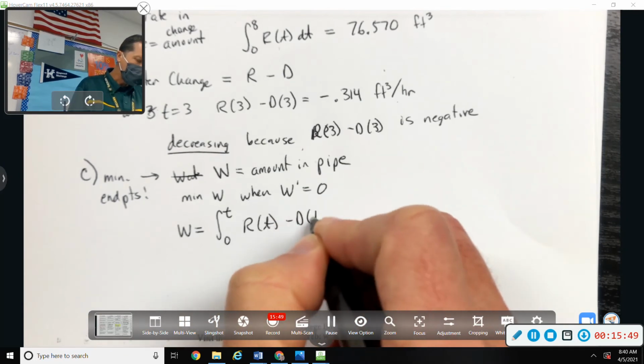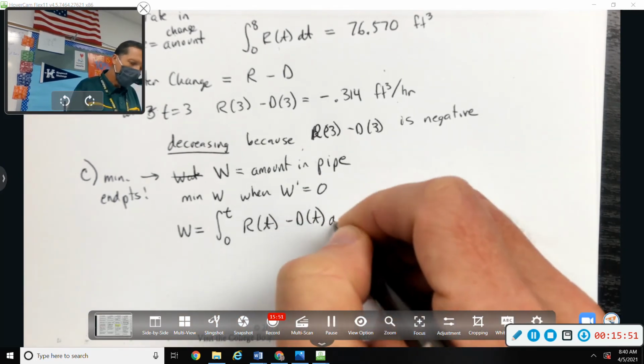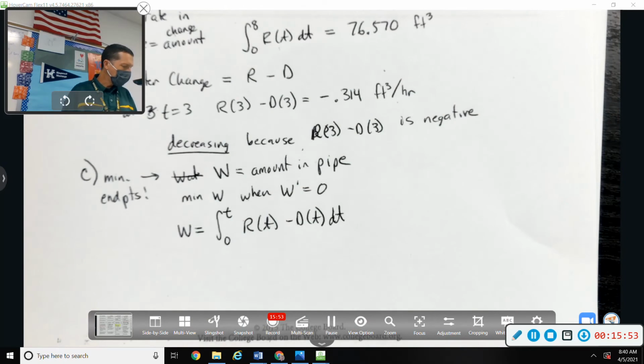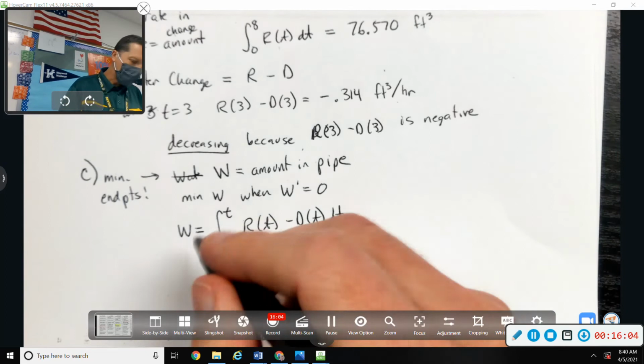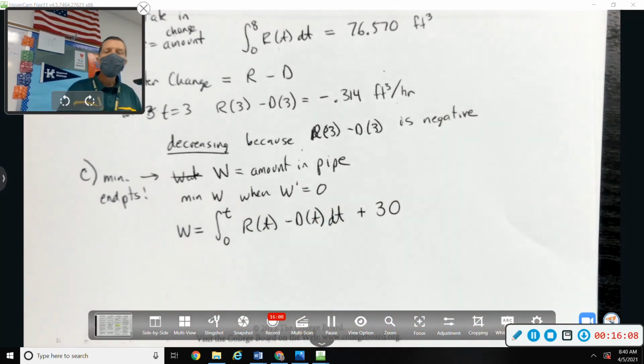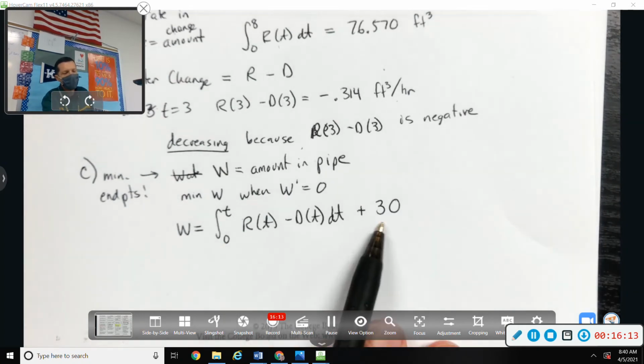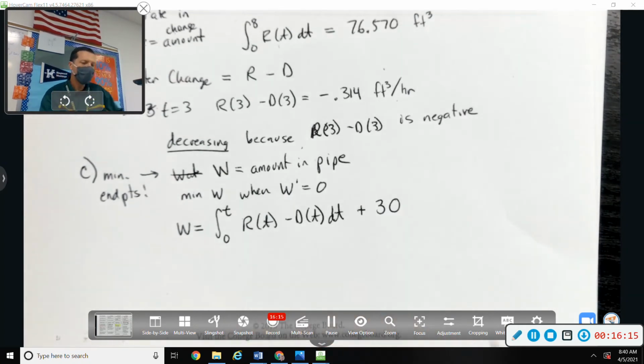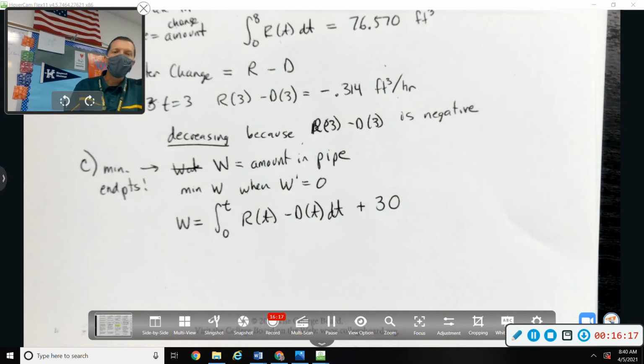D is what's going out. That statement's not quite right, because that would be the net change, but it started with 30. We started with 30 in there. We'll integrate to get the change. So here is the amount of water in the pipe at any particular time.